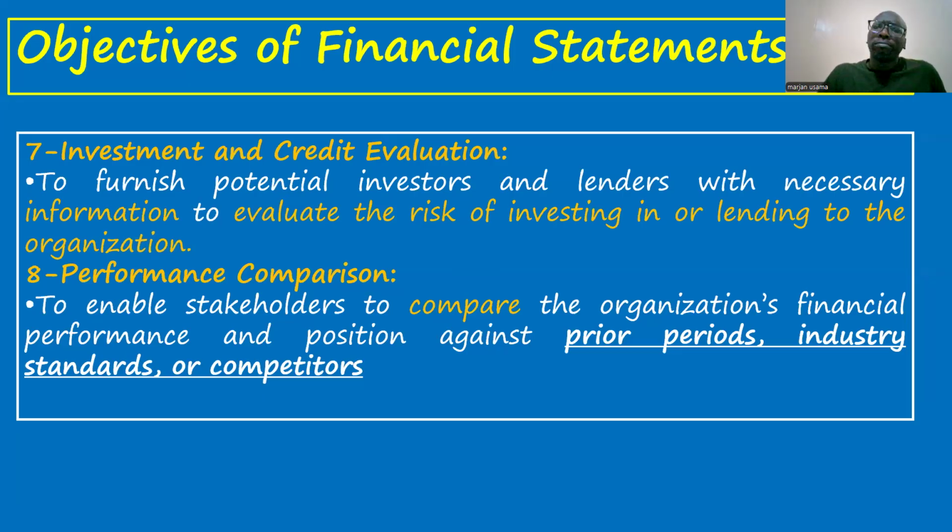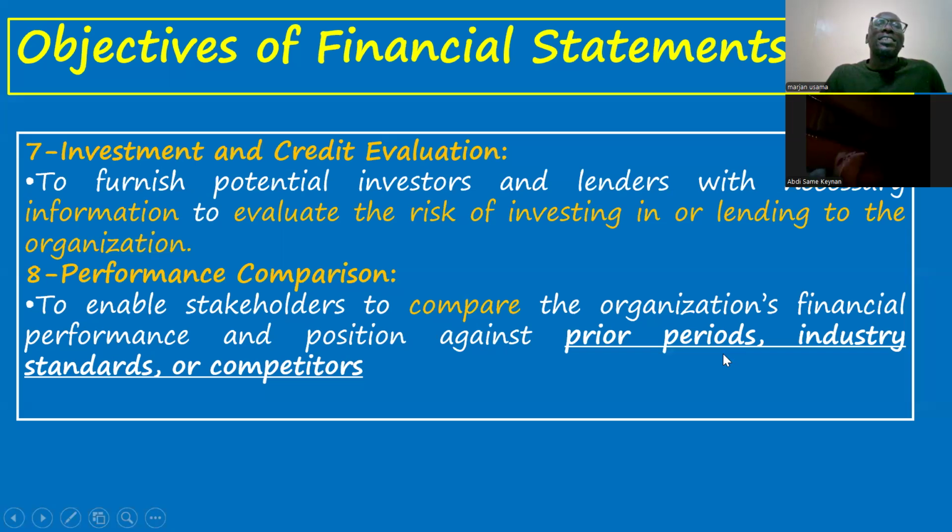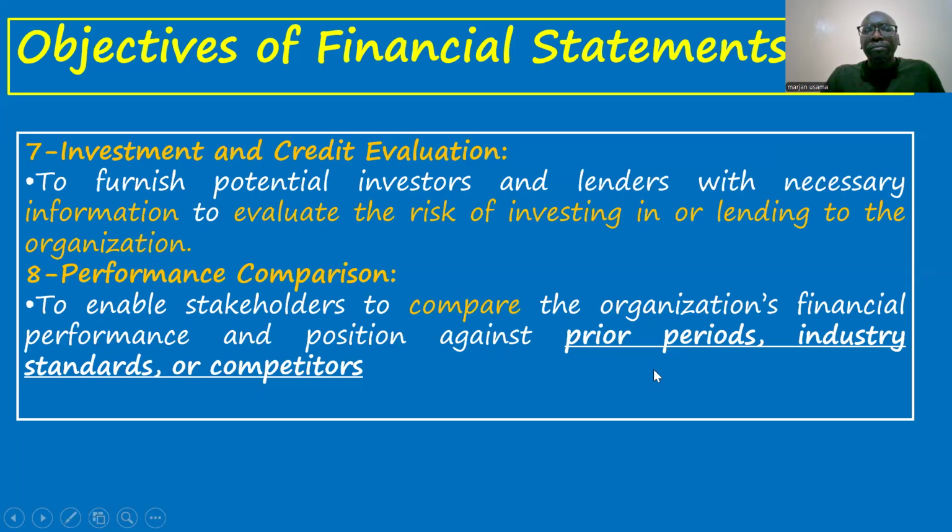Performance comparison, to enable stakeholders to compare the organization's financial performance and position against prior periods, industry standard, or competitors. So this financial statement can help us to, number one, compare our performance with prior periods.